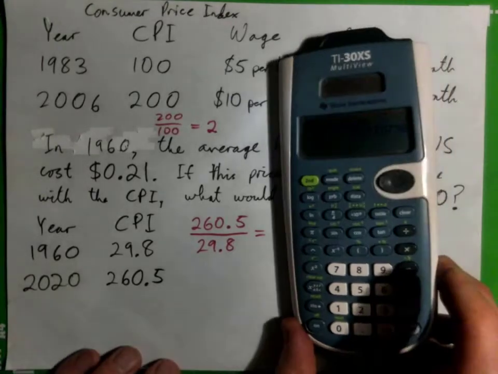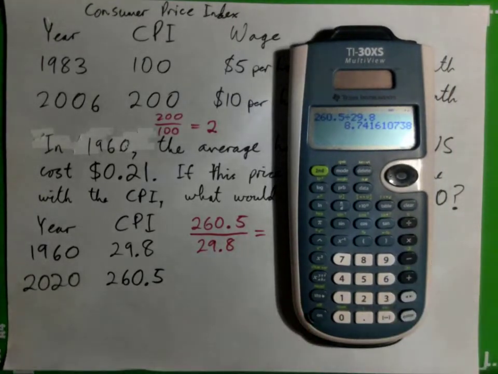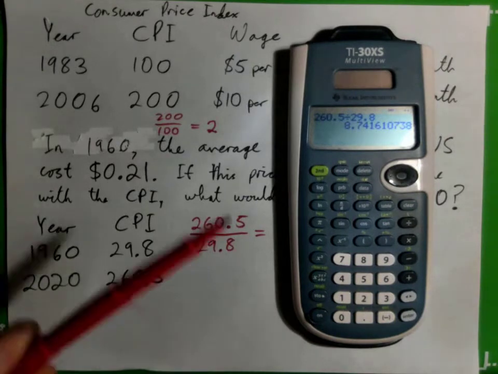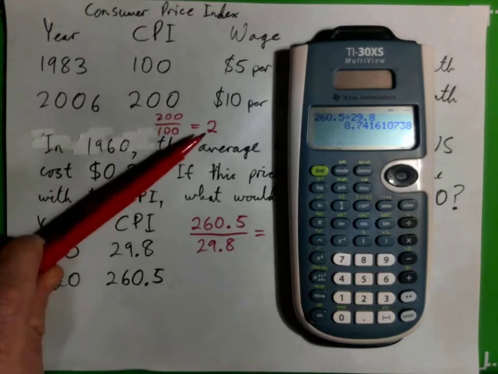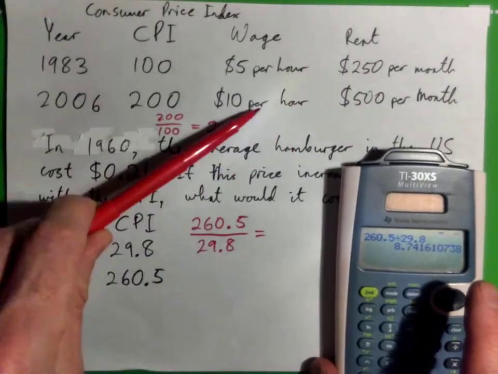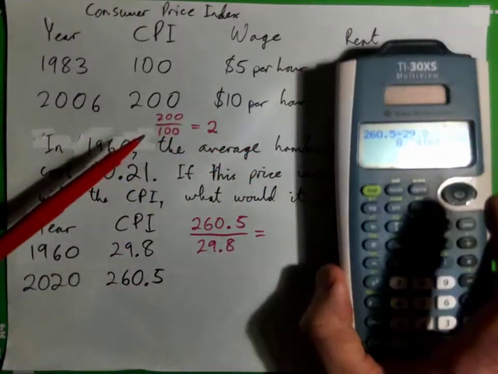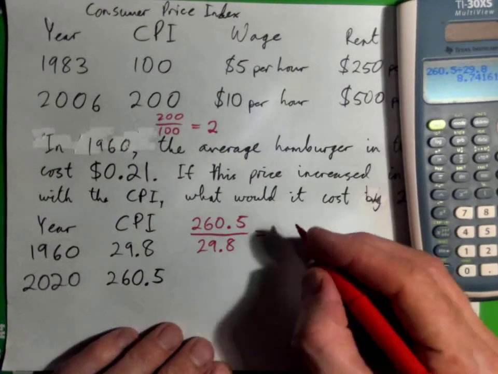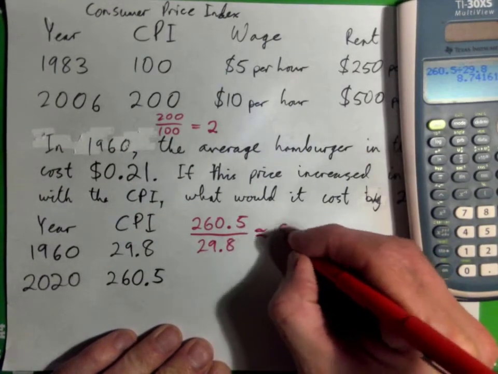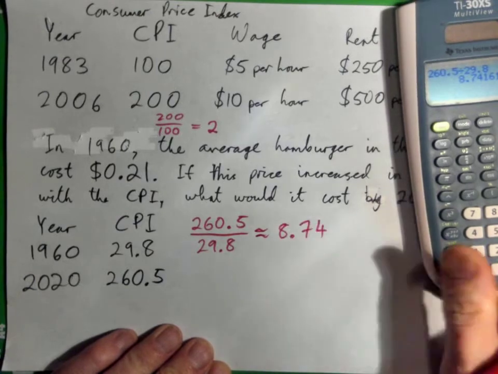What does that 8.7 mean? In the previous example, we went 200 over 100, we got 2, and that means, oh, everything's twice as much. That makes sense, right? What does this 8.7 mean? I'm just going to say roughly 8.74, right?